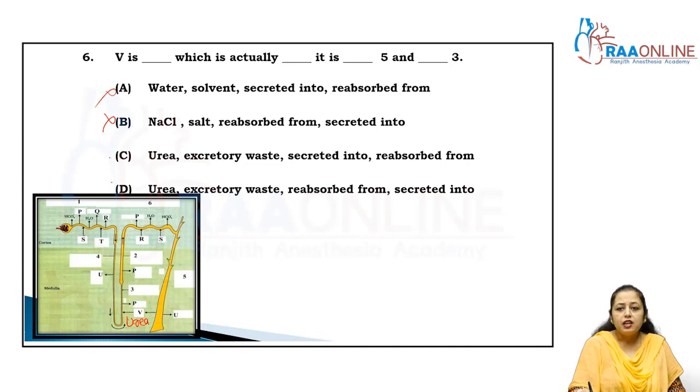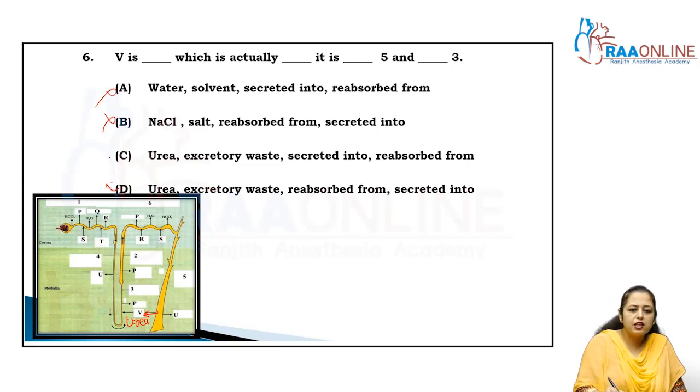Now it is reabsorbed from 5, that is the collecting duct. You can see here the arrow indicates it is reabsorbed by 5 and excreted into 3, that is the ascending limb of LOH, that is the exact line of NCERT, right?